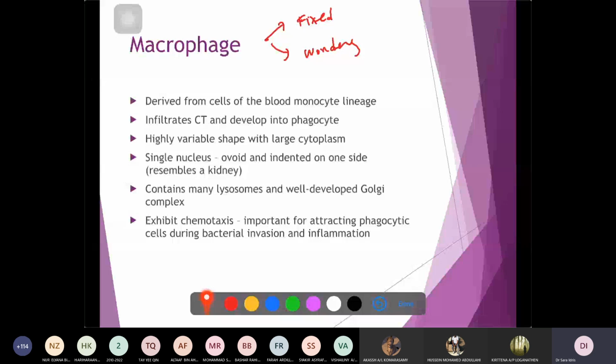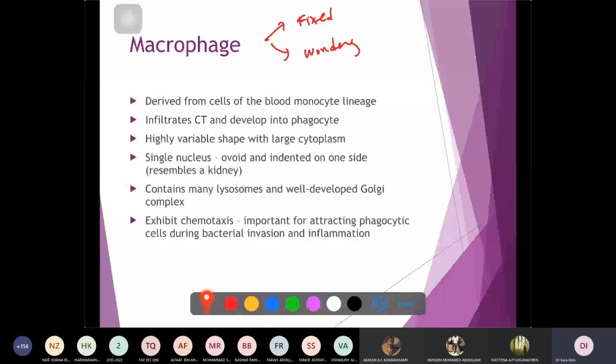Macrophage also exhibits what is known as chemotaxis. Chemotaxis means it will attract other phagocytic cells. When one macrophage finds a pathogen, it will exhibit its chemotaxis ability. It releases a substance to attract other phagocytes, other macrophages that have turned into phagocytes.